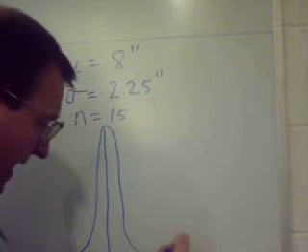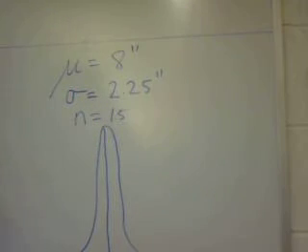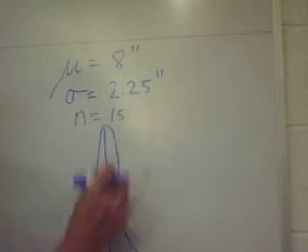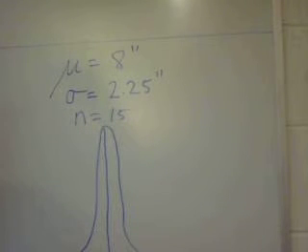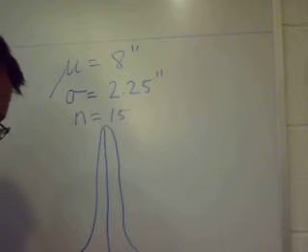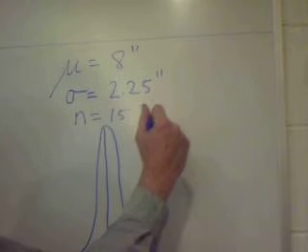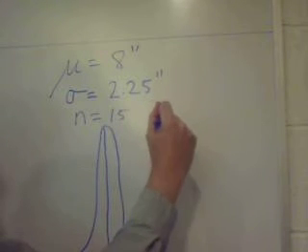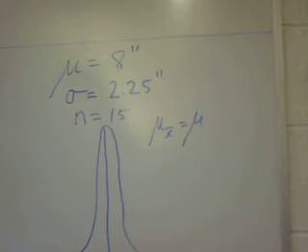Well, when we do that, we get x bar. Notice how it's taller and thinner when we go to a sample. And the mean stays the same, because we remember from our fun facts about x bar, mu sub x bar is the same as mu. So the mean is the same.